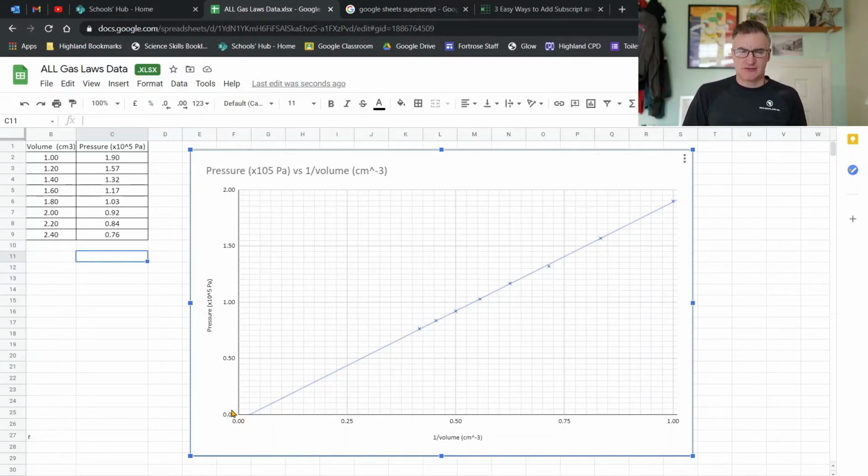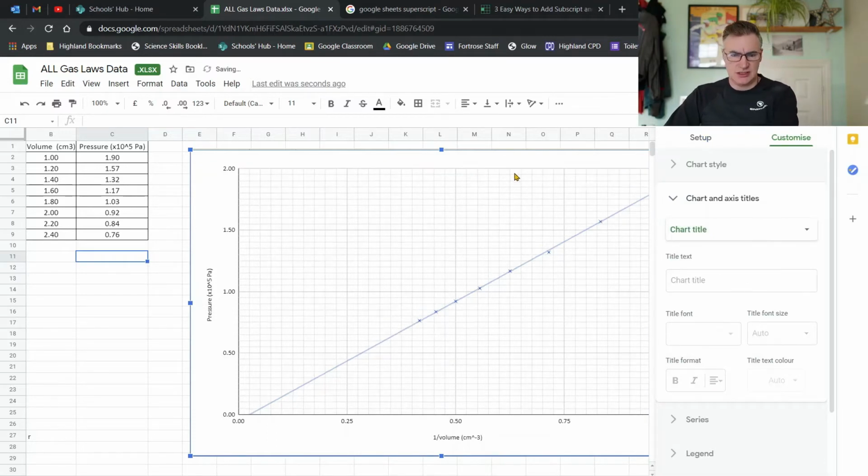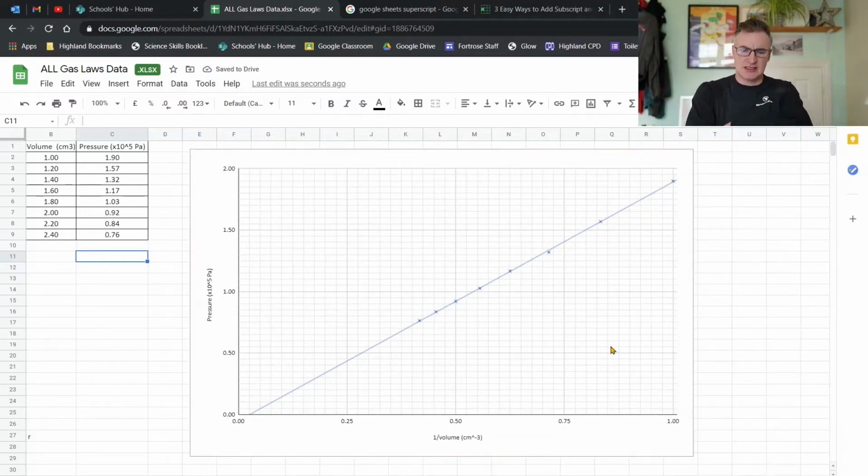Again, if this was for something like the assignment, we would need to take that into consideration, and we would not be able to call this a directly proportional relationship. But for the purposes of this video, I'm going to say that it is a directly proportional relationship, although strictly it isn't because it doesn't go through the origin. But what we're interested in is that it's directly proportional.